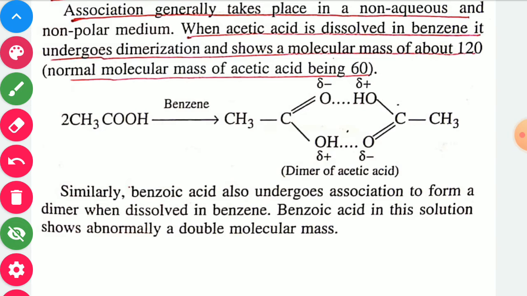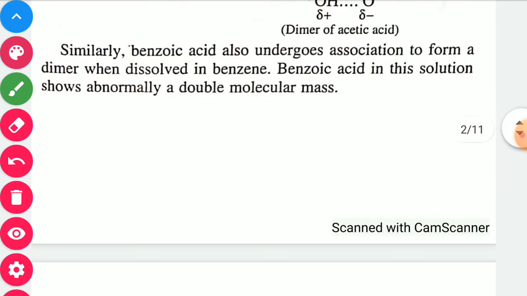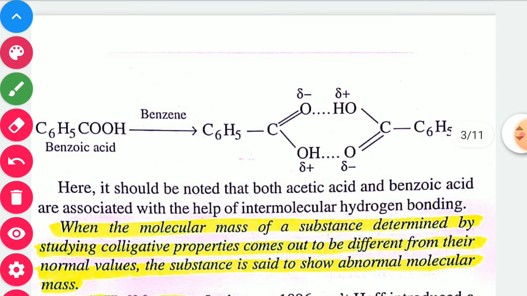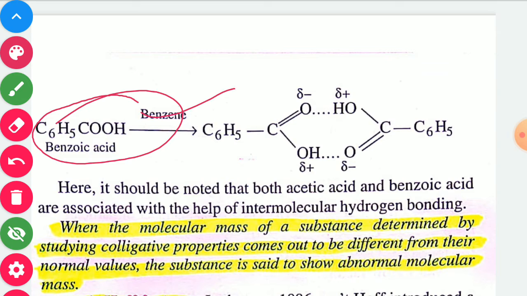Benzoic acid in this solution shows an abnormally double molecular mass. Here in this equation, dimerization of benzoic acid is given. The formula of benzoic acid is C6H5COOH. When it comes in contact with benzene, it associates to form a dimer.